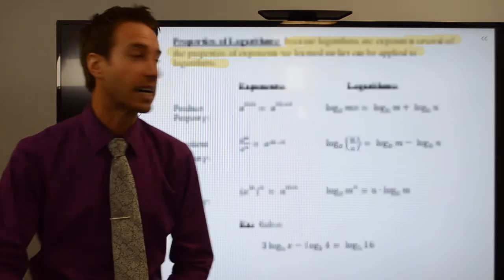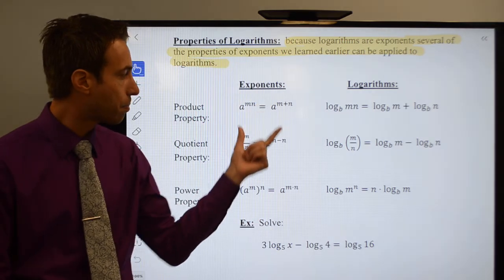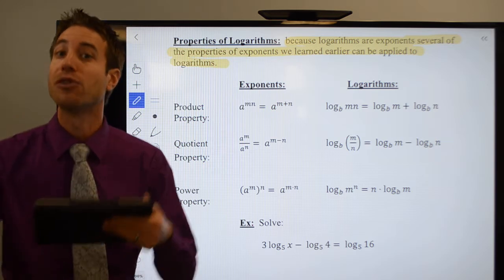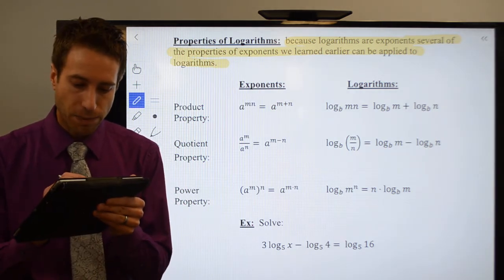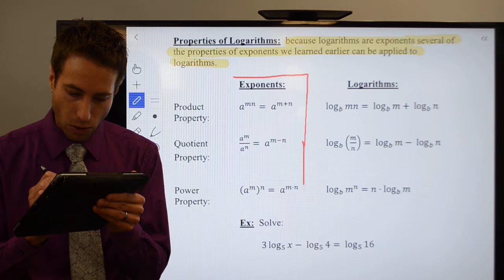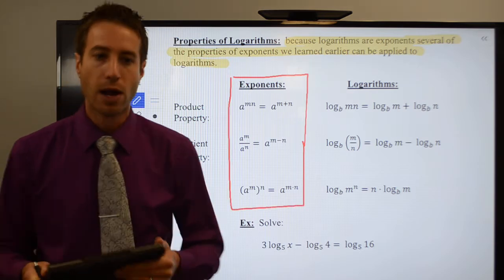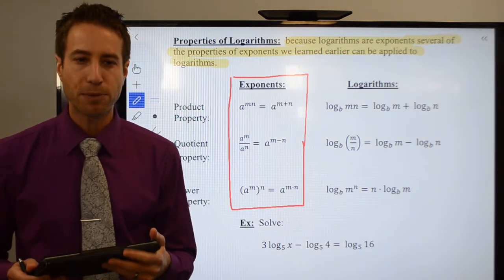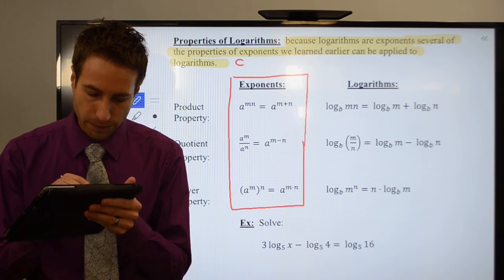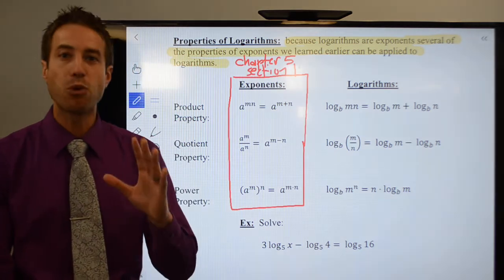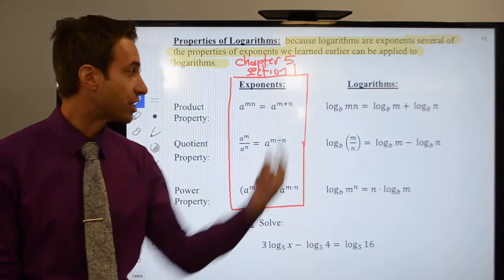And because logarithms are exponents, we're going to use a couple of properties that you should recognize, properties of exponents that will now apply to logarithms. If you don't recognize these properties of exponents, or you've not seen them before, just go back to Chapter 5, Section 1, where I review all of the properties of exponents, not just these three.